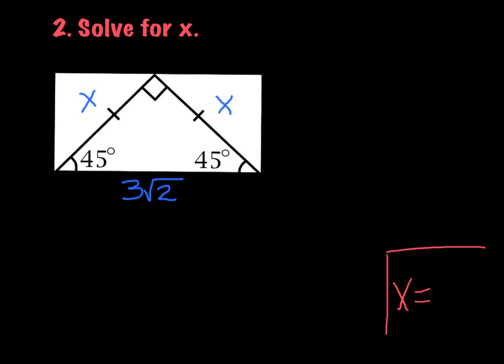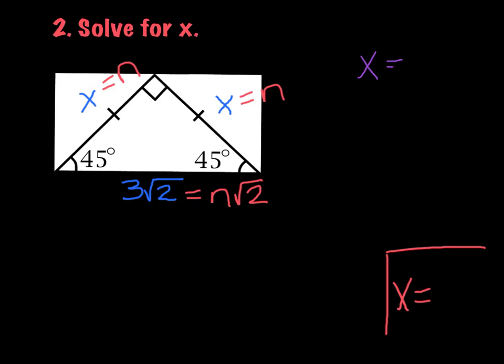So remember, the legs are n, and the hypotenuse is n root 2. Okay, so we're trying to find x, so we're going to put our equation over here. So I'm looking for this right here. So I'm going to write my equation off to the side.